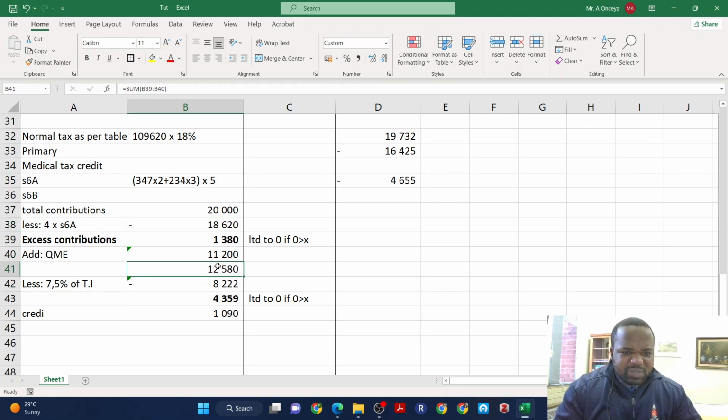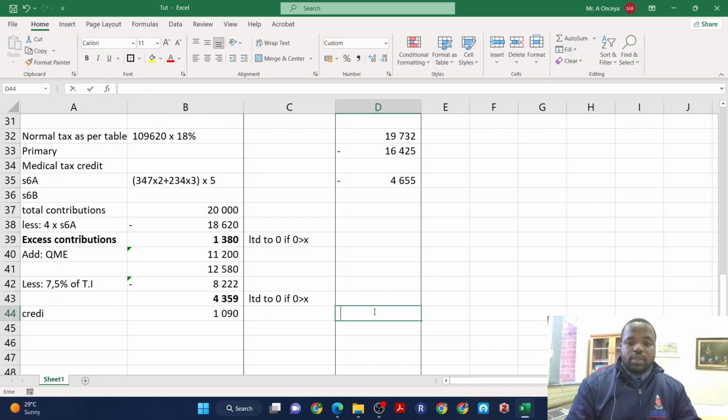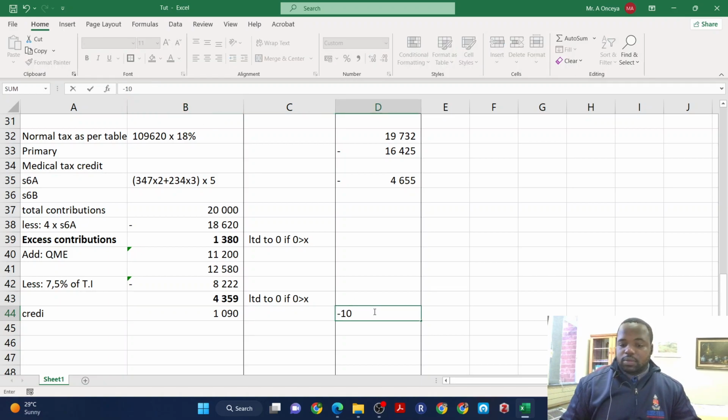A mini total there, and then minus that, and then 12,000 B41. Yeah, B41 minus that gives us that, and then 25%. Yes, okay, that's our credit of minus 1090.